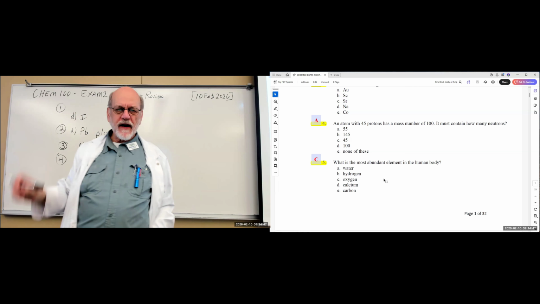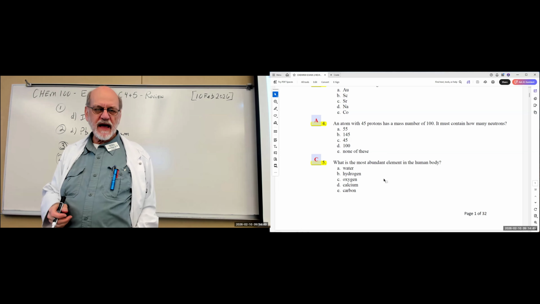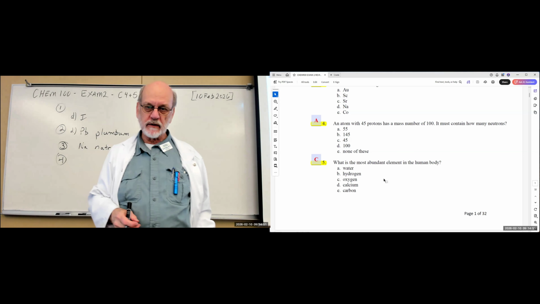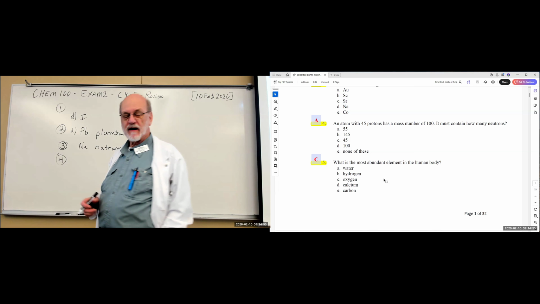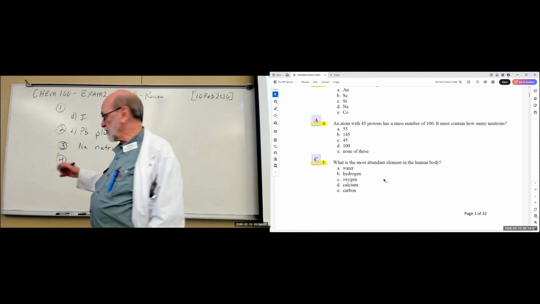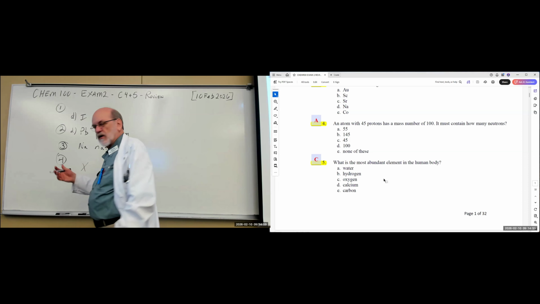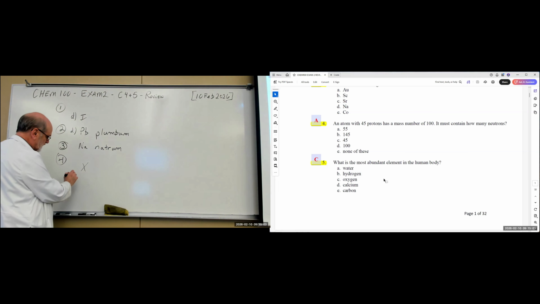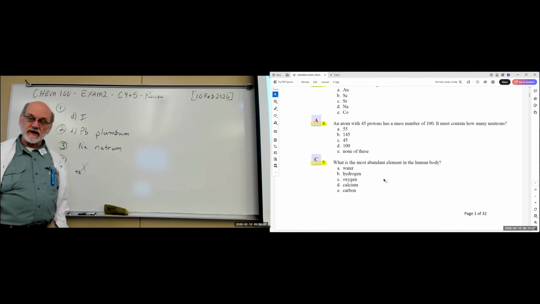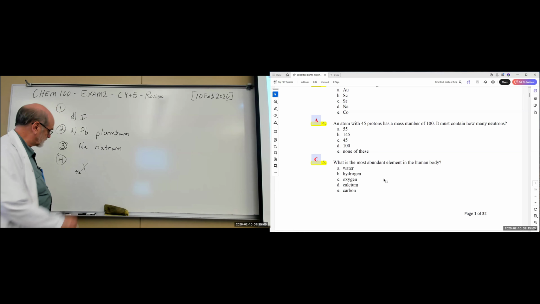An atom with 45 protons has a mass number of 100. It must contain how many neutrons? All right, so if it's an element and we don't know what it is, it doesn't matter to answer this question. 45 protons means the atomic number is 45.